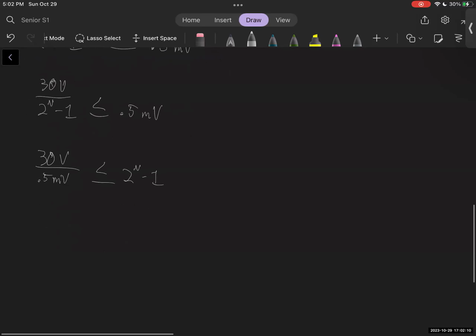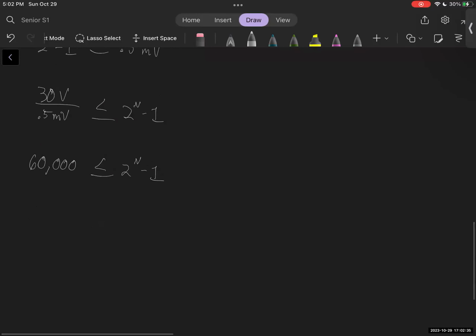The easiest way to do this is to divide 30 by 0.5, which gives us 60, and then multiply that by 1,000 because the bottom is in millivolts. That gives us 60,000 is less than or equal to 2 to the power of N minus 1.